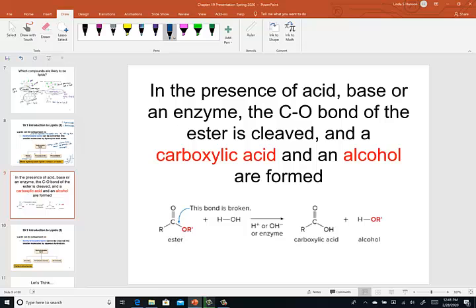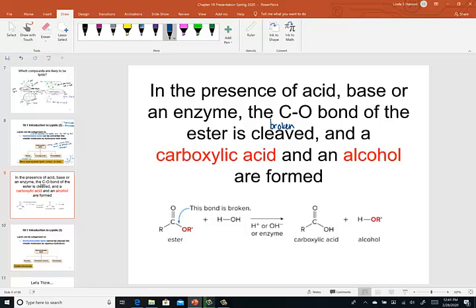And that's what I showed. Cleaved means broken. And the carboxylic acid and the alcohol are formed. So when we cleave the bond, meaning break it, we can get back out a carboxylic acid and an alcohol.